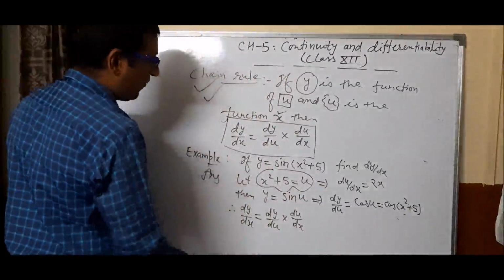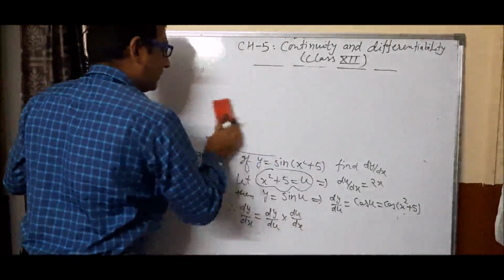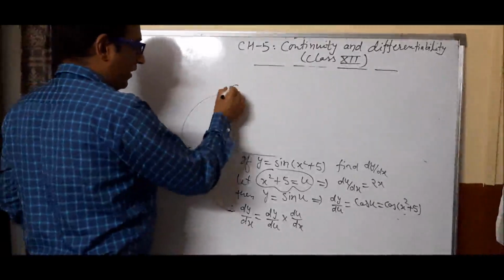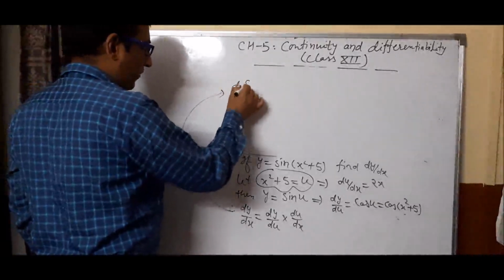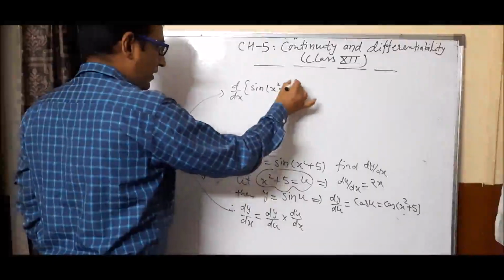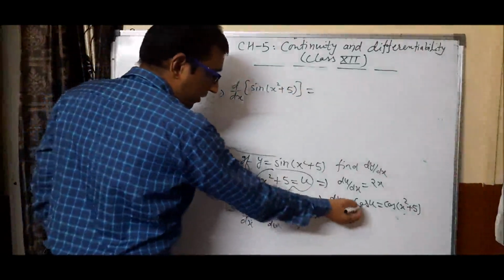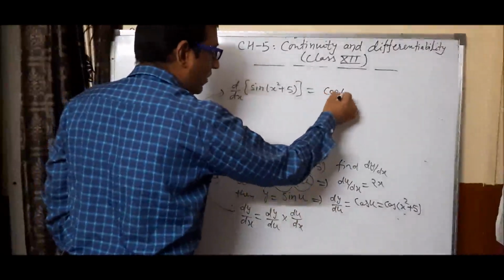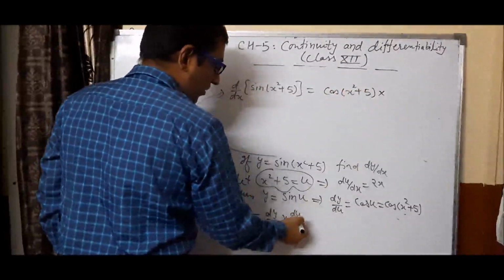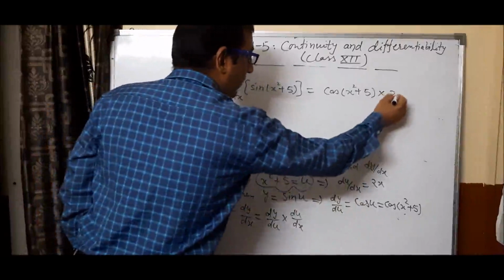When we put the value here, we can say the derivative of the given function: put the value of dy by du, which is cos of x square plus 5, into the value of du upon dx, which is 2x.